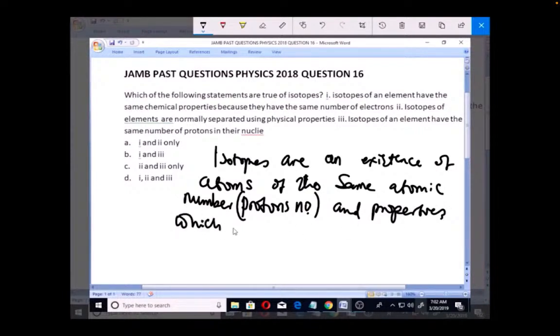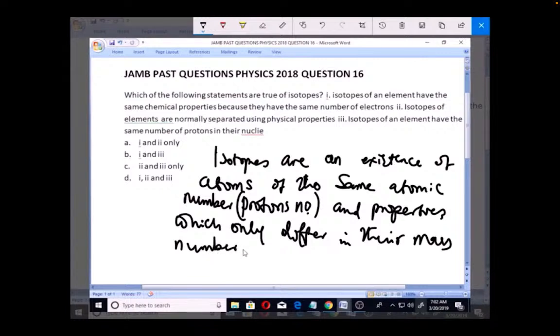the only difference between these atoms is that they differ in their mass numbers. So when you have atoms of the same atomic number but different mass numbers, then you know that the phenomenon known as isotopy is happening.